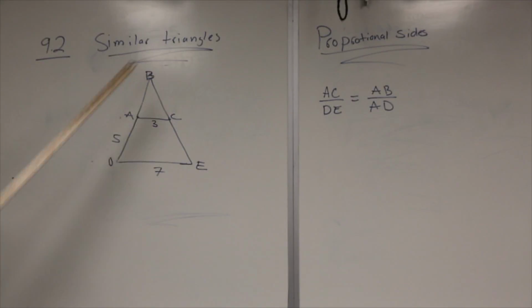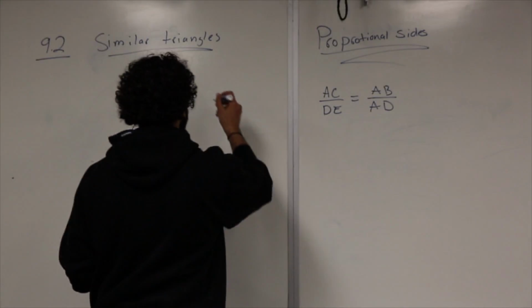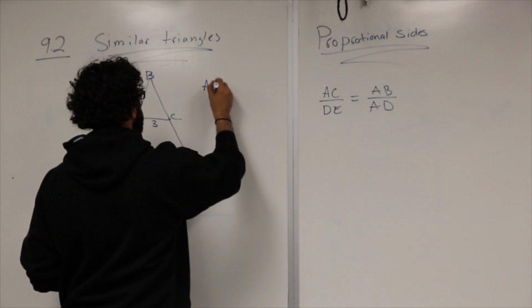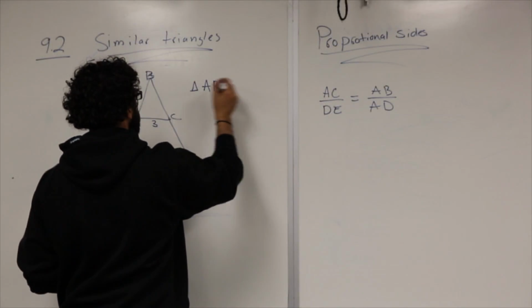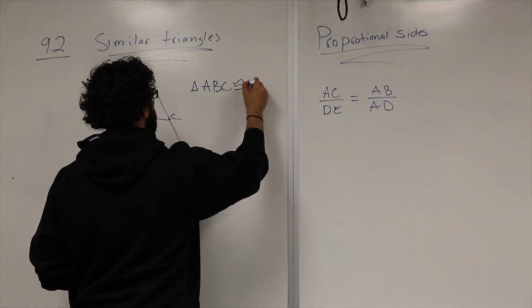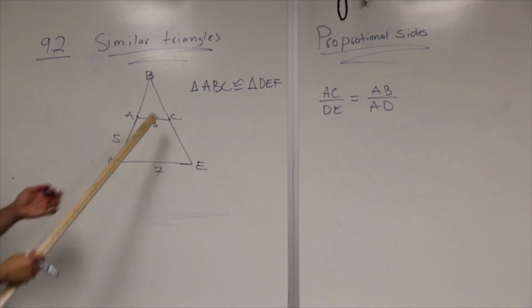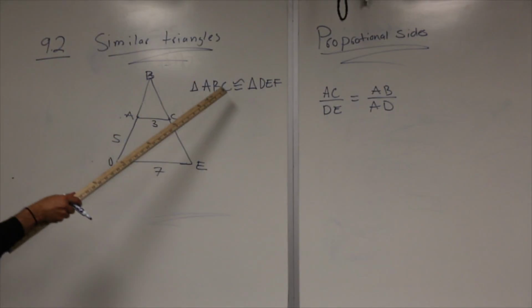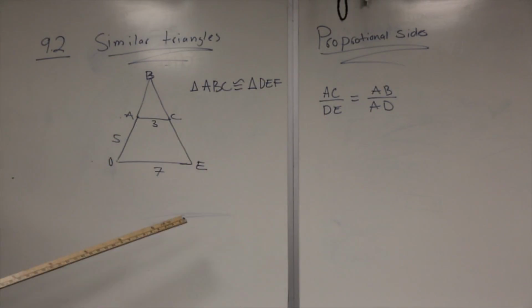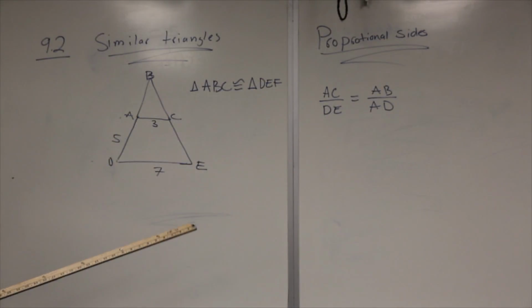They are similar triangles. You need to learn how to write a congruency statement for similar triangles. And we used to write this with regular triangles, which look like this. So it says triangle ABC is congruent, approximately congruent to triangle DEF.